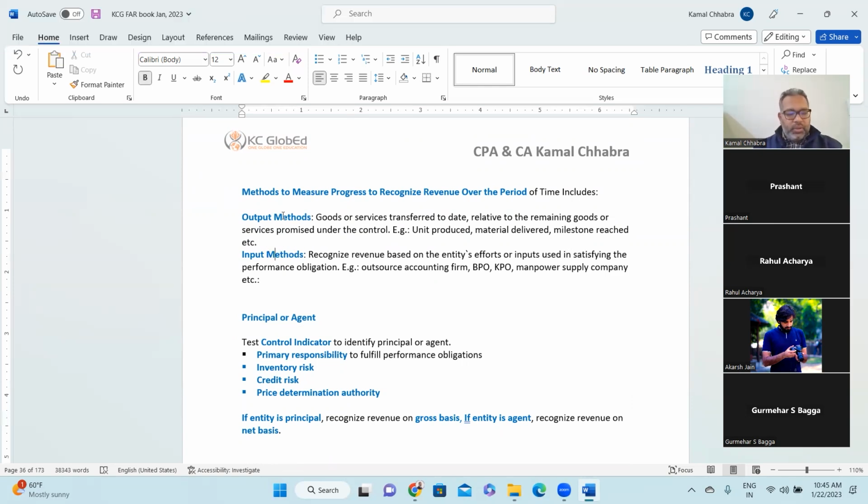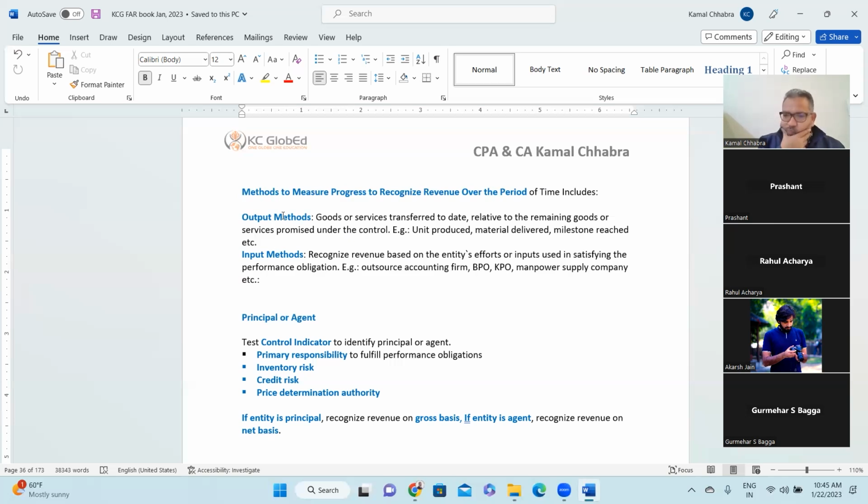What is the output method or the input method? Any guess? Just from the name, the output method should be when the entity, the service provider, has delivered the service or provided that particular good. That should be the output side of the performance obligation.